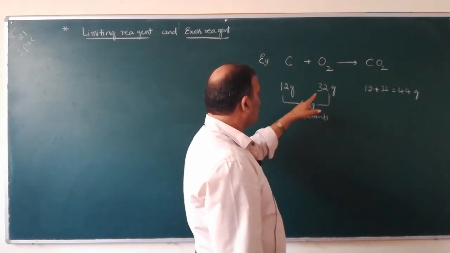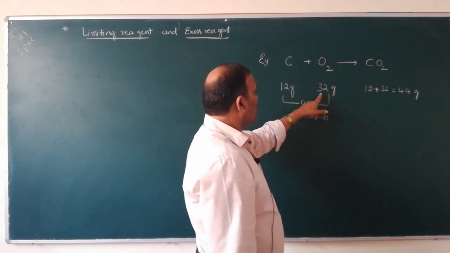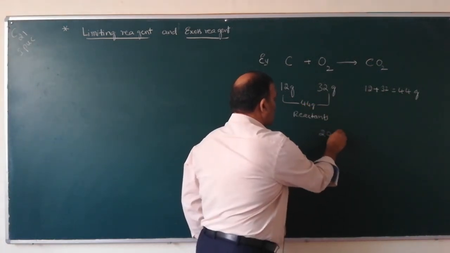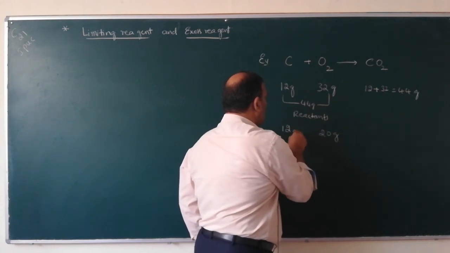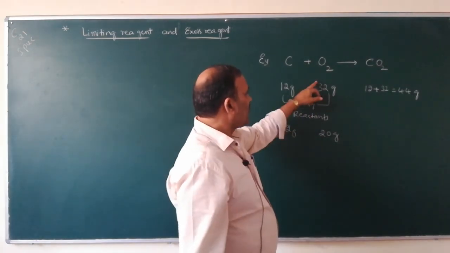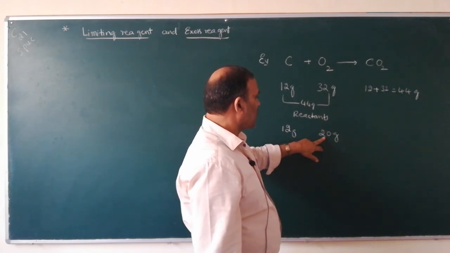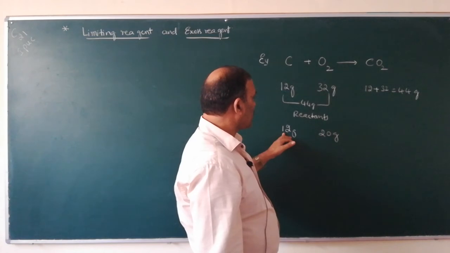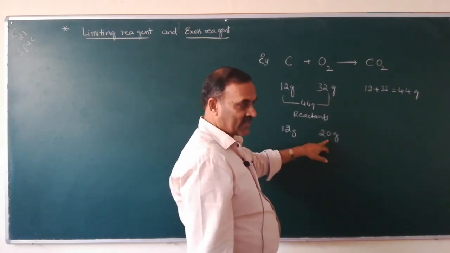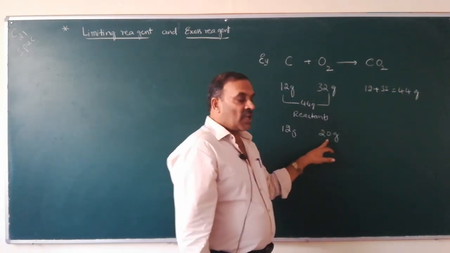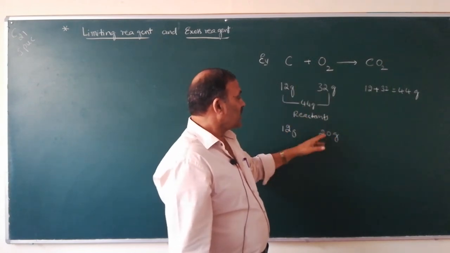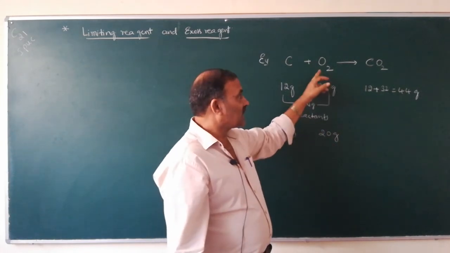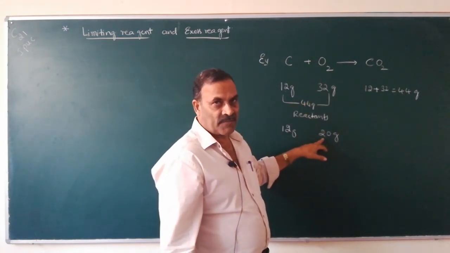Instead of 32 grams, suppose the mass of carbon is 12 gram and the mass of oxygen is 20 grams. What happens? The mass of oxygen required to react with 12 gram of carbon becomes less. Therefore, since oxygen is present in smaller quantity, it is consumed first.